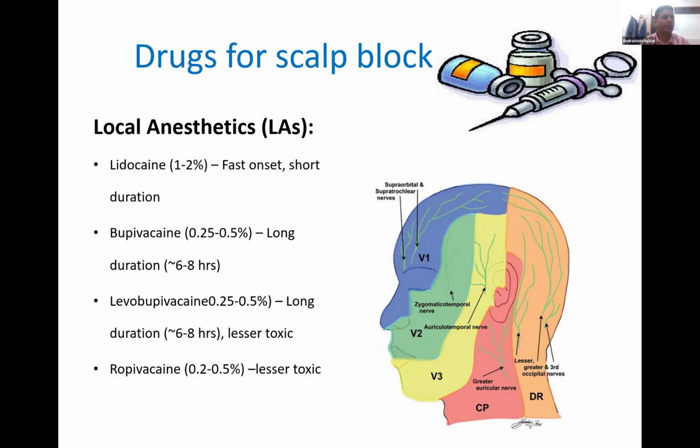So there are chances of local anesthetic systemic toxicity. To reduce the chances of LAST, careful aspiration before each injection and addition of adrenaline in 1:2 lakh concentration is useful and decreases the chances of local anesthetic systemic toxicity.